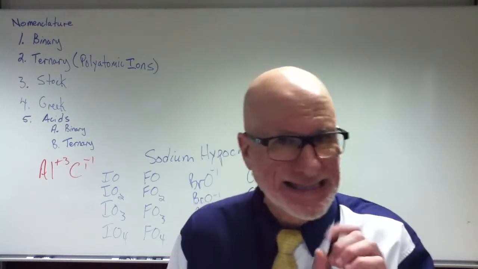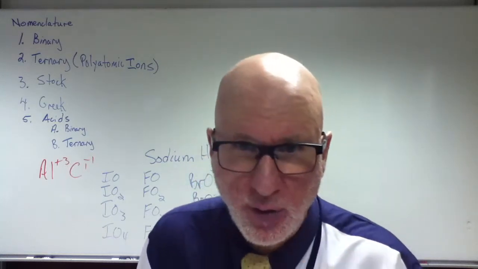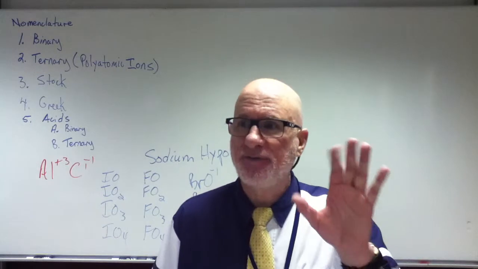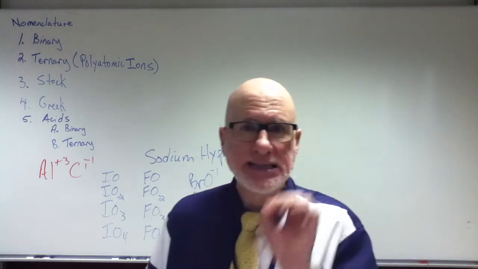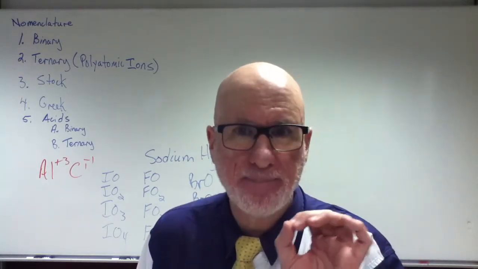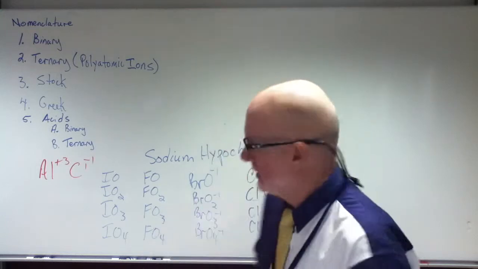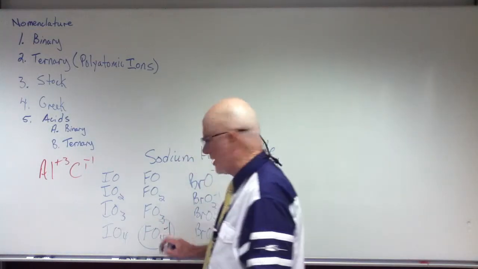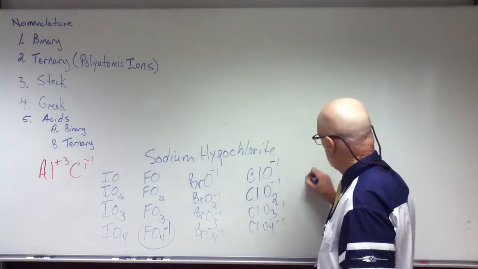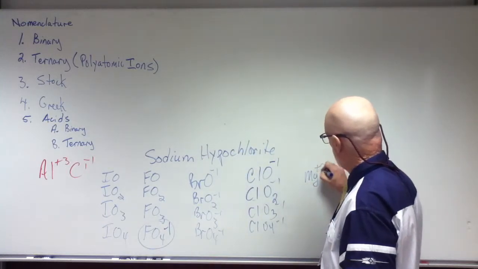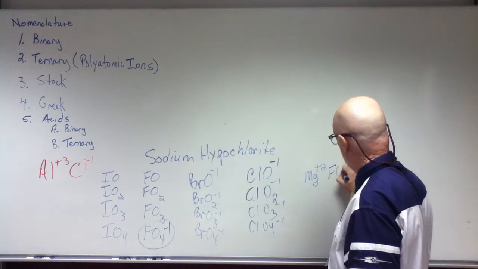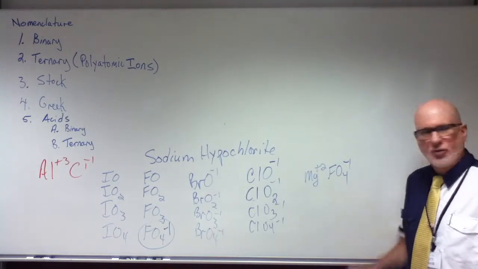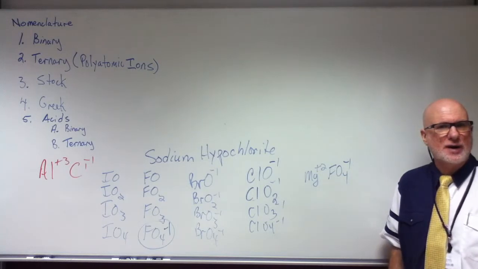Now, I didn't say magnesium fluoride. Magnesium fluoride is what? MgF2, right? I said magnesium perfluorate. So this is it right here, -1, right? So it's going to be magnesium plus 2 and perfluorate. So how would you write the formula for magnesium perfluorate?